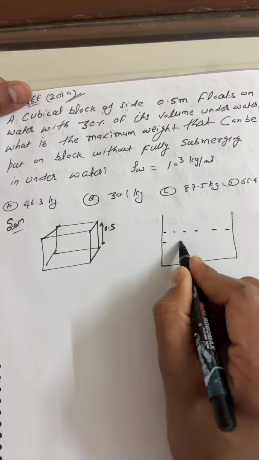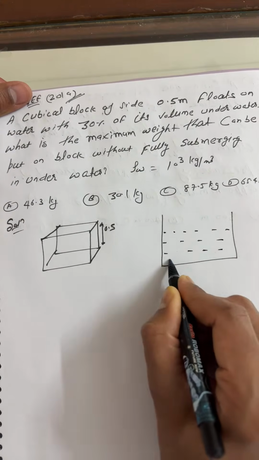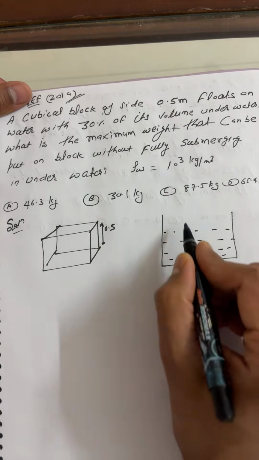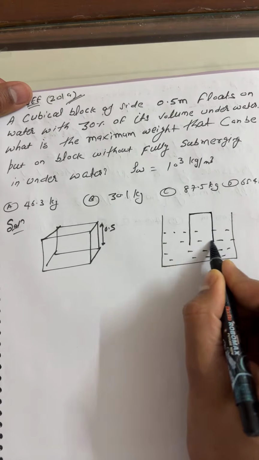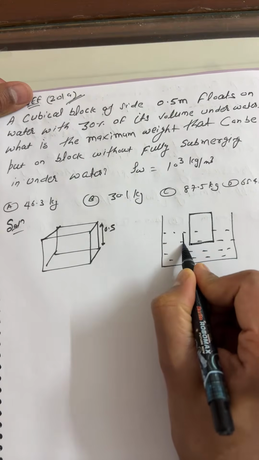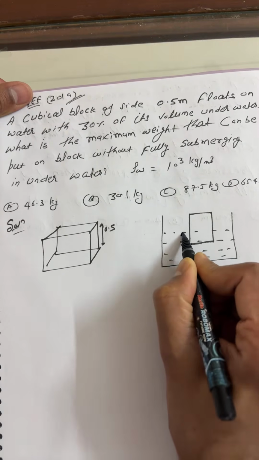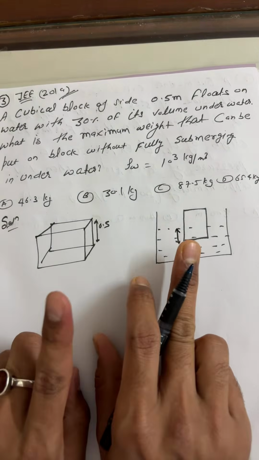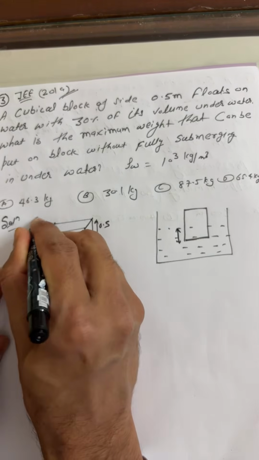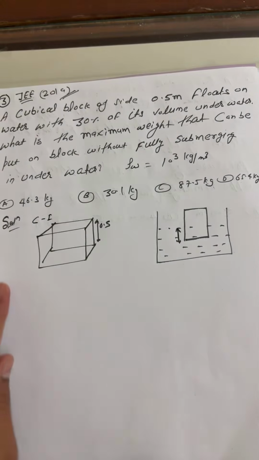This is the liquid, and the block is under the water. They already mentioned how much is underwater: 30%. Right? So I can say this is case one for this question.